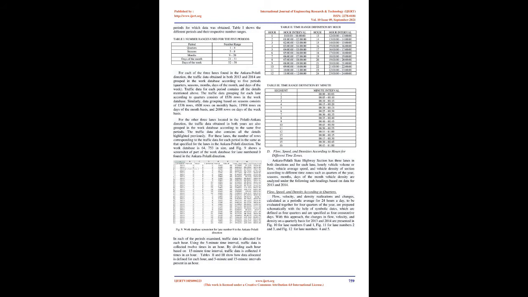On the other hand, for lane numbers 3, 4, and 5 in the second direction average speed decrease from lane number 3 to lane number 5 in all quarters each year. Also, the minimum and maximum flows and densities on each lane are mostly obtained in the first and third quarters of each year, respectively. However, the minimum and maximum speeds seen on each lane in this direction occur mainly in the first quarter of both years.